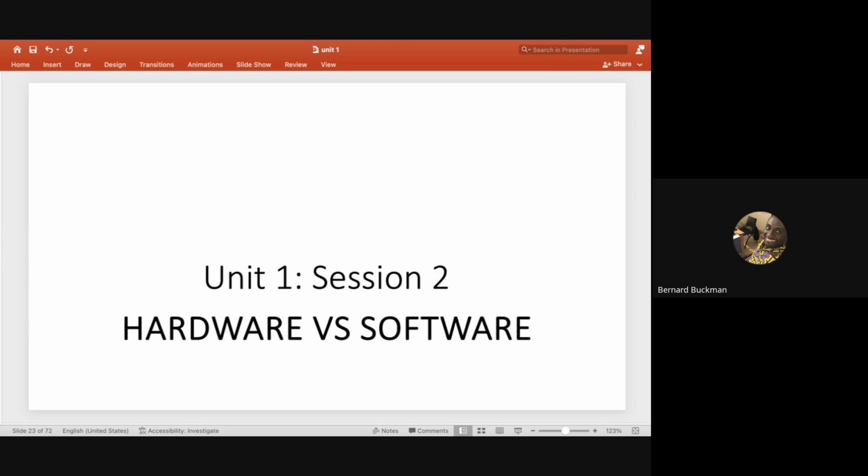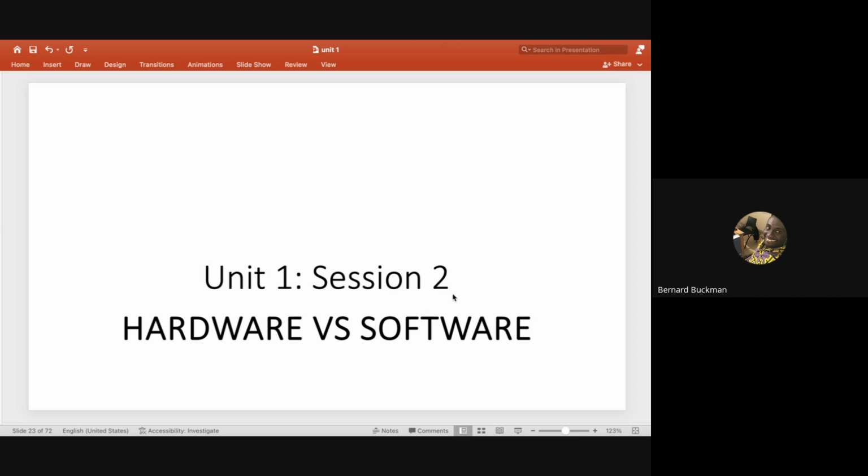The hardware alone is not enough. You need software as well. For dating, wow, that's intelligent. That's very nice. Okay, so all of these are uses of computers.